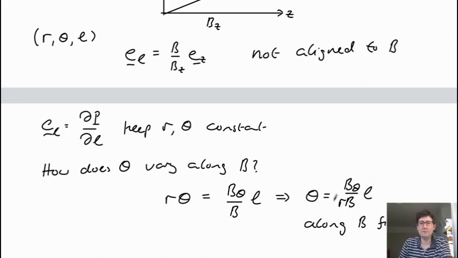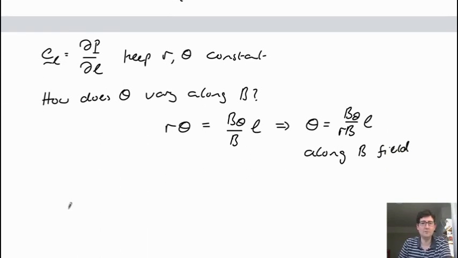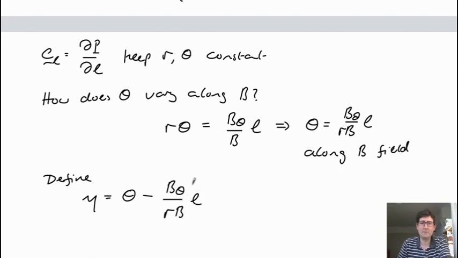And so we can use this to define a new poloidal coordinate, a coordinate which doesn't change along the field. So we define a new coordinate eta, and this is going to be theta, the original angle, minus this. So we subtract this component here, because this is the amount by which theta changes as we move along the field line, and so the two will cancel out as long as we stay on the field line.